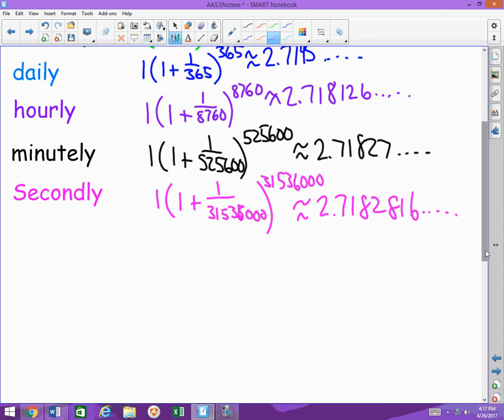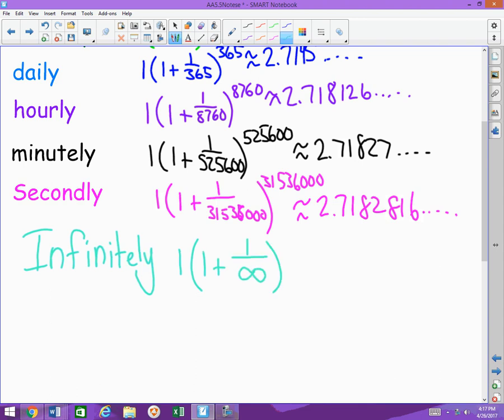And then if we were to say infinitely, our equation would change to 1 times 1 plus 1 over infinity to the infinity power. Well, this is going to get you a number of approximately 2.7182818 and some other stuff after that.